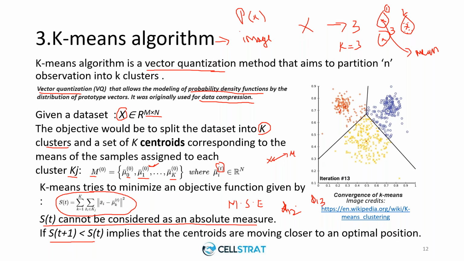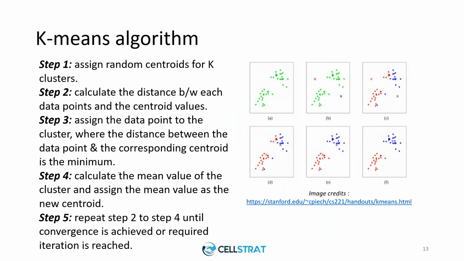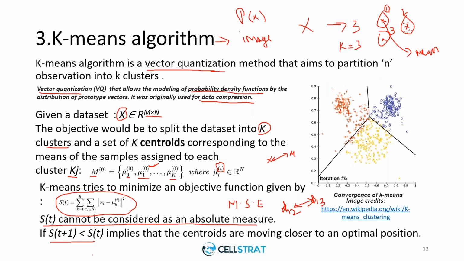If the distance between the data point and the centroid of its cluster is not varying between iterations d12 and d13, then we say it has reached convergence and it can stop further clustering. So this is what the K-means algorithm does.